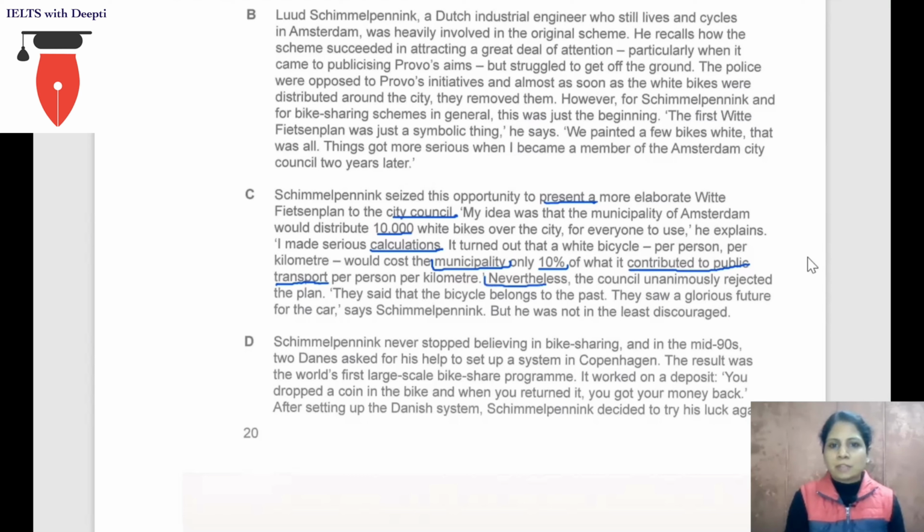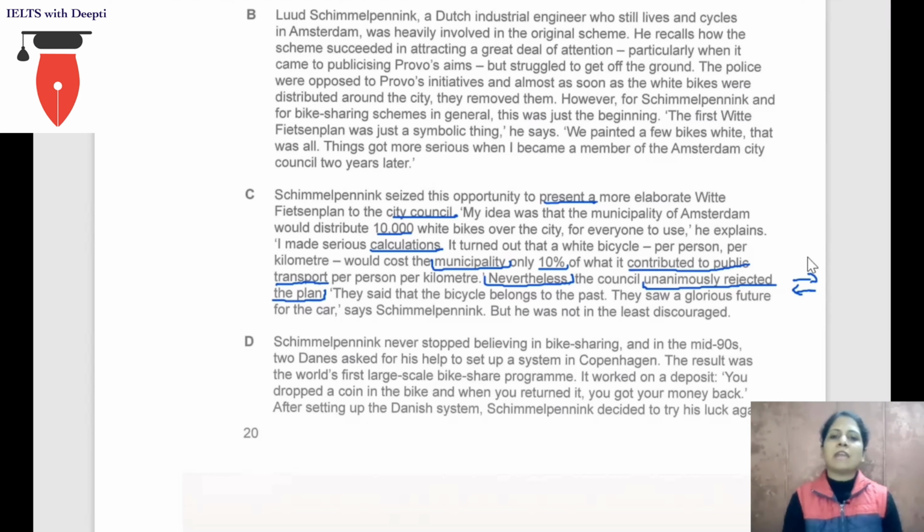Now, the next part of the paragraph says nevertheless. Now we need to understand nevertheless is always used when there is a contradictory statement that we are making. Okay. So they are saying nevertheless, which means the plan was good, but nevertheless, the council unanimously rejected the plan. So the plan was there, but it was unanimously rejected.